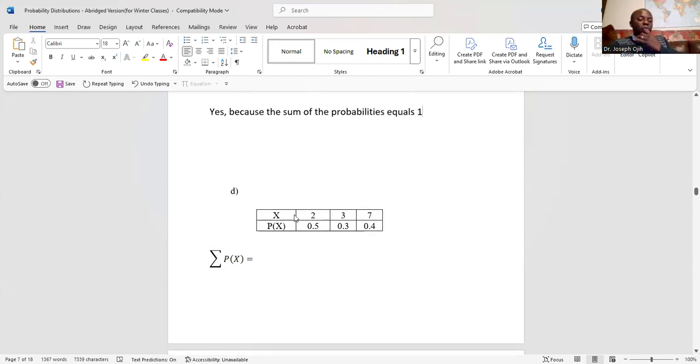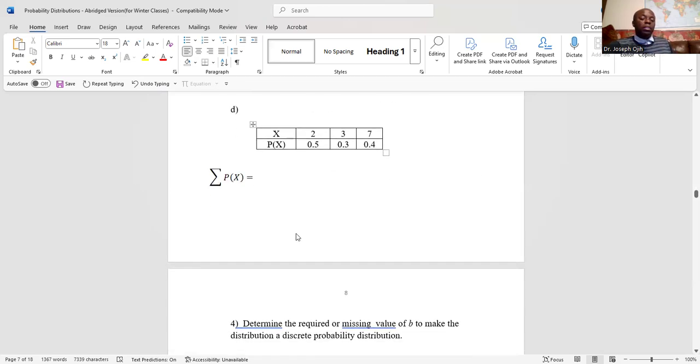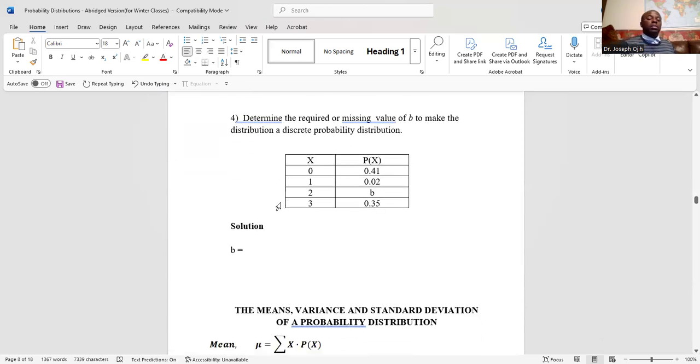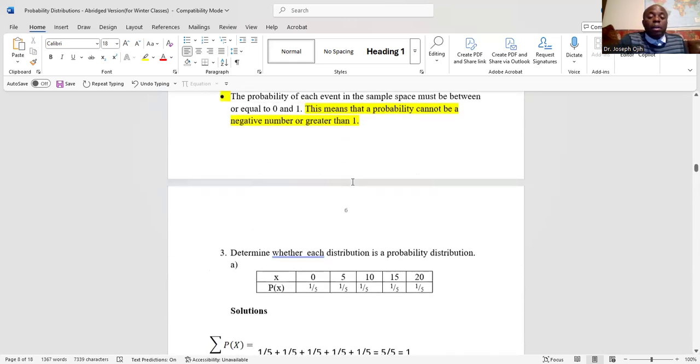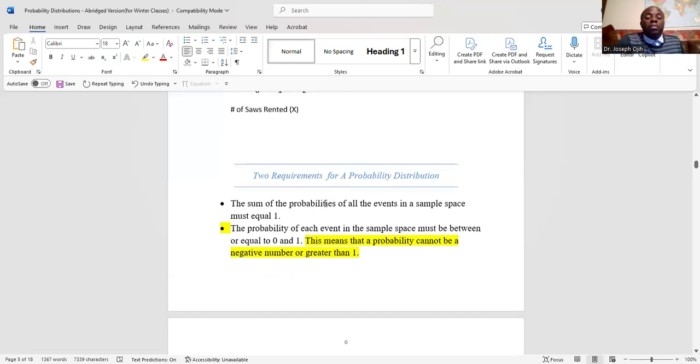So you might try this one at home as practice. I'll go to this kind of question. It says, determine the required or missing value of B to make the distribution a discrete probability distribution. Now you can see that B is missing. But you already know that the first requirement is that the sum of the probabilities of all the events in the sample space must equal 1.